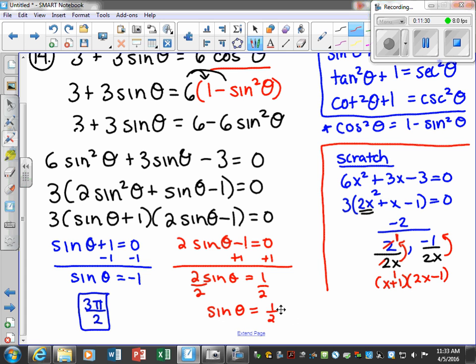That's the y value equals 1/2. It occurs at what places? It occurs at pi over 6 and also 5 pi over 6. So our solutions that satisfy this original equation are going to be 3 pi over 2, pi over 6, and 5 pi over 6.